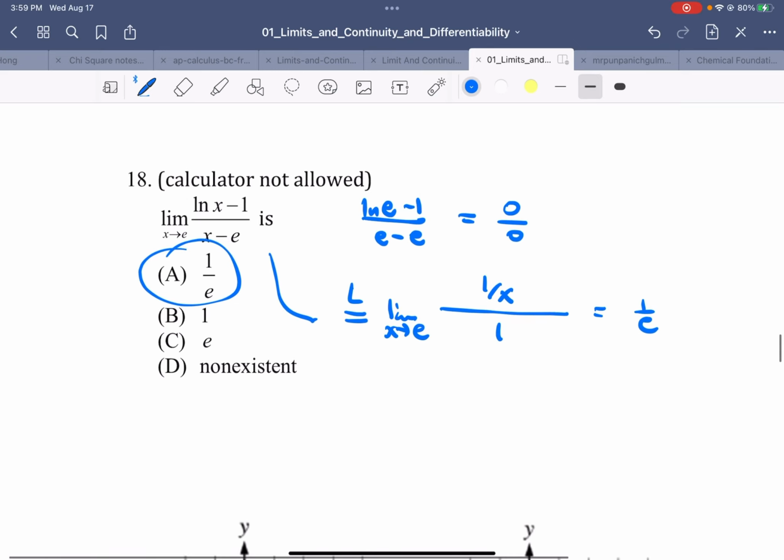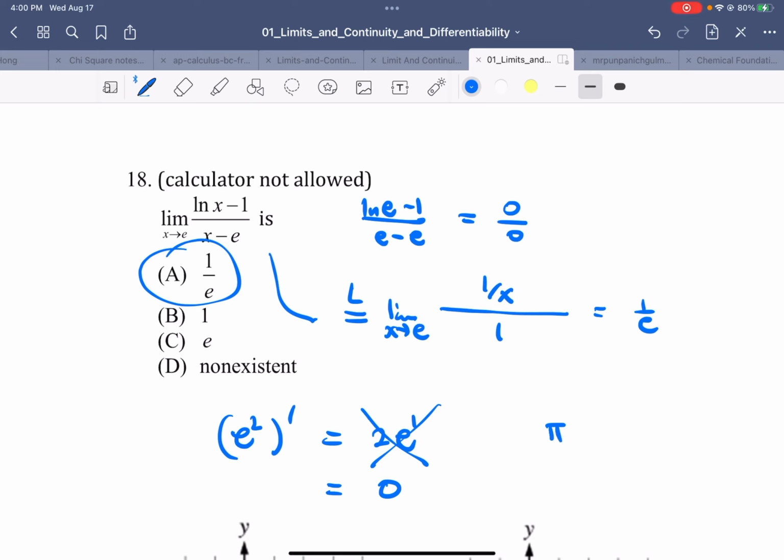This is something else, but some students get confused. For e squared, when you take a derivative, what is it? Some people say, oh, using the power rule, 2e, 2 minus 1 is 1. But that is not the answer, because e squared is a constant, and any constant, when you take a derivative, should be 0.